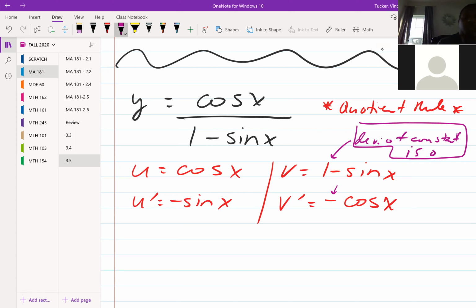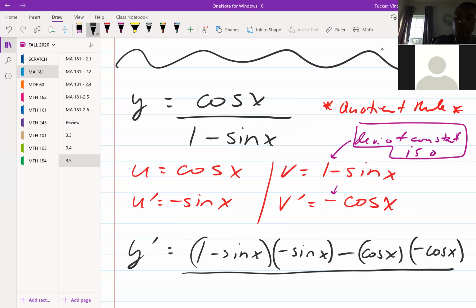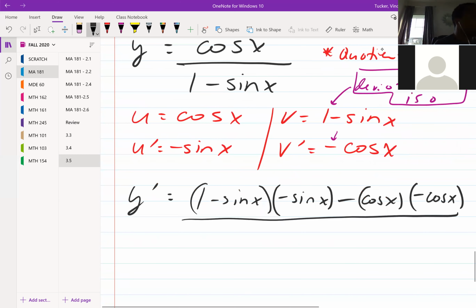All right. So let's go ahead and put this together. It's v, which is 1 minus sine x, times u prime, which is negative sine x, minus u, which is cosine x, times v prime, which is negative cosine x, all over 1 minus sine x, squared.